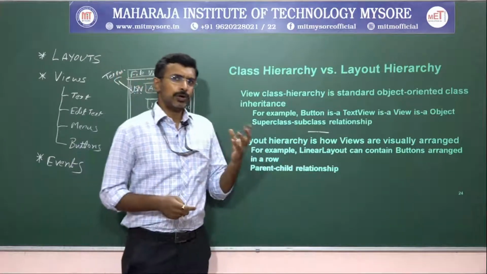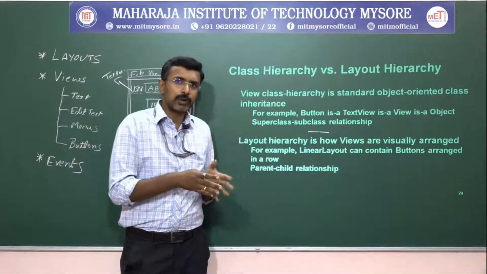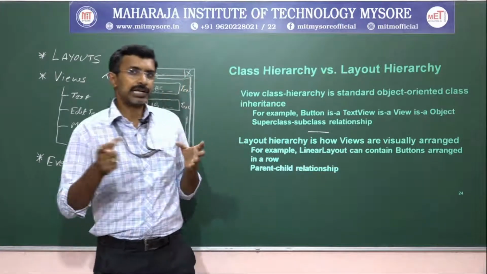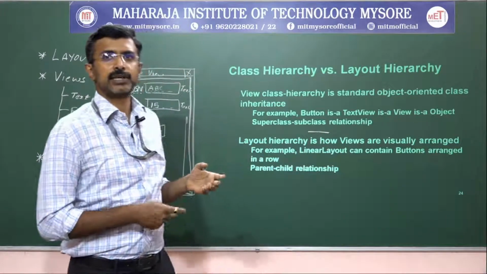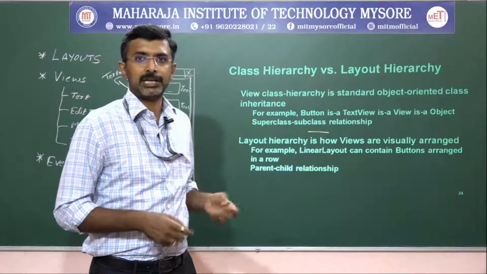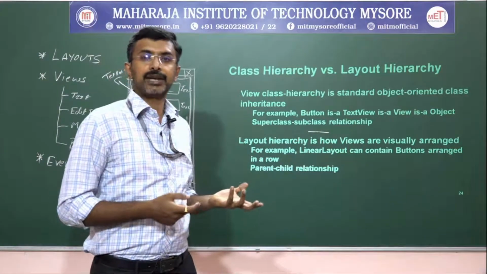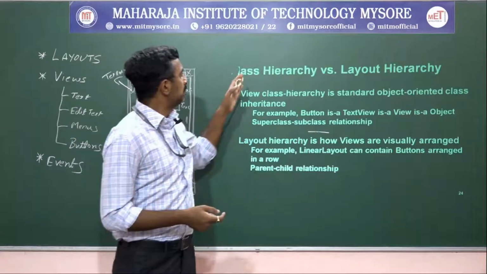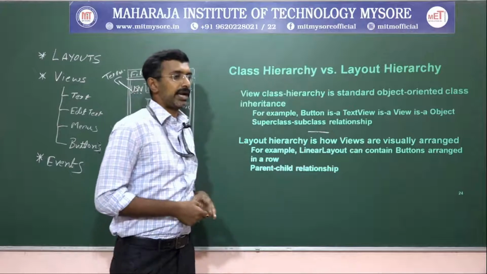So what do you mean by a class then? It is actually a blueprint of your object. What all the data members you need to have, what are the member functions you need to have. Usually a class is user defined, wherein you are going to create your own class, or else it is a built-in class. So a hierarchy can be a class hierarchy or a layout hierarchy.